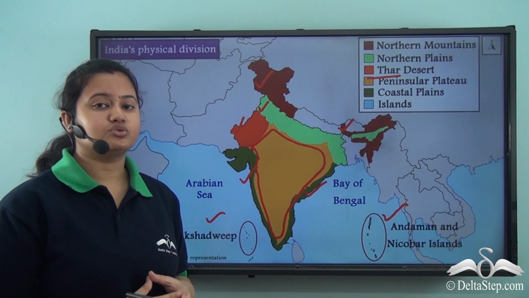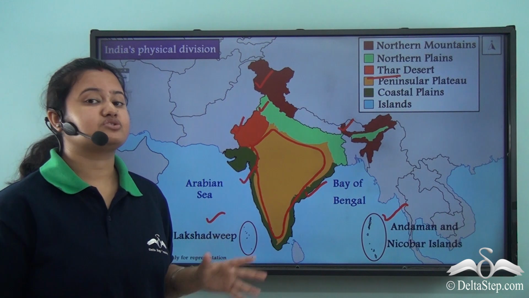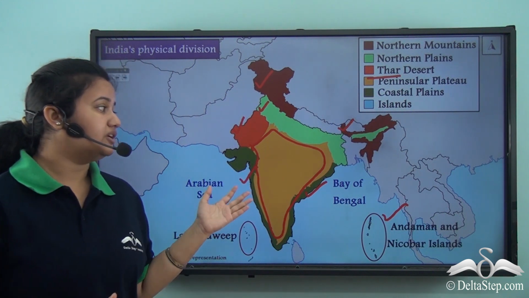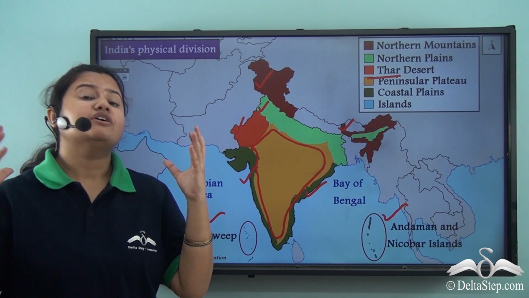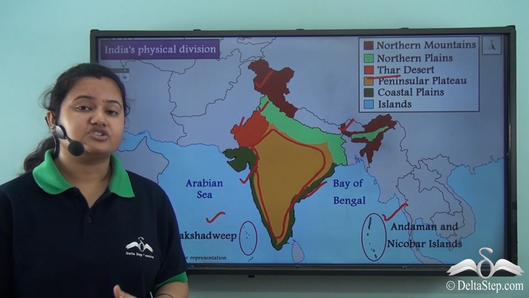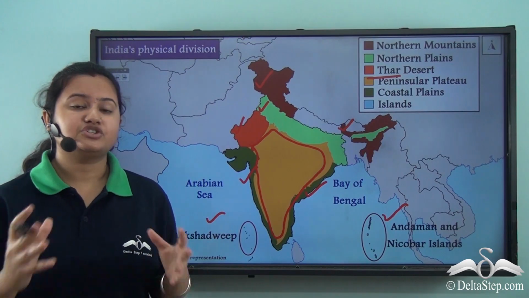So this map shows the complete physical divisions of India. And from here we can infer that India truly has varied geographical features or physiographic divisions.